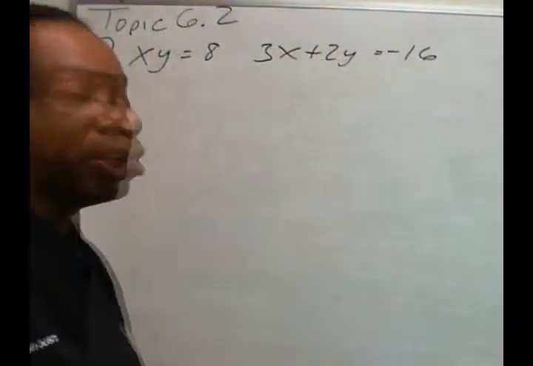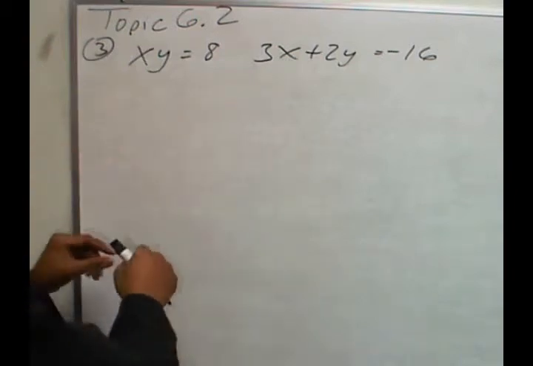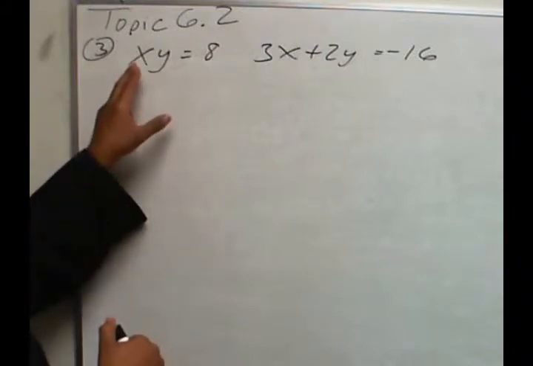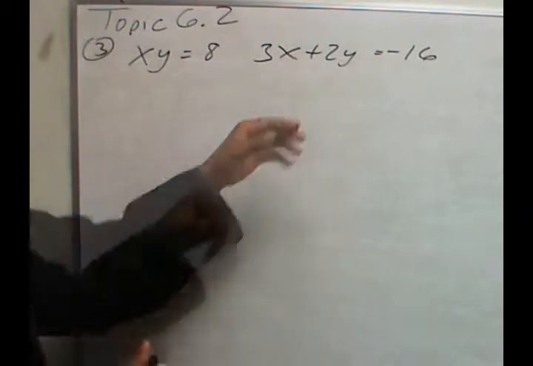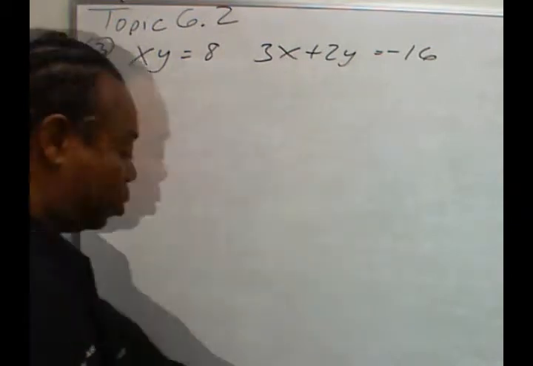Next, we have a nonlinear system of two variables. Let's see, I want to use substitution. And here it says if I have an xy, I can replace that with 8. I have no xy's here, so what I'm going to do is multiply this by x.